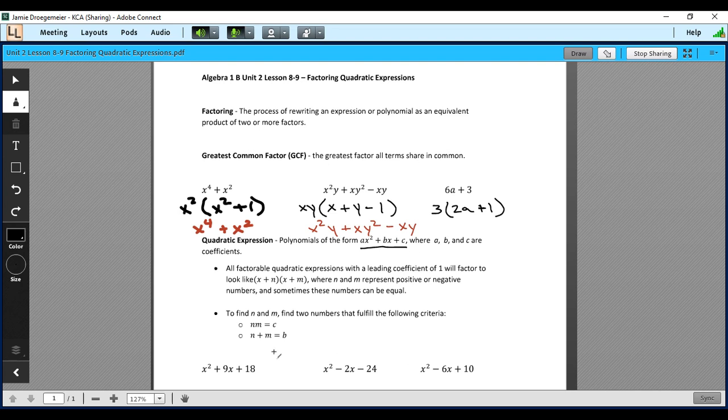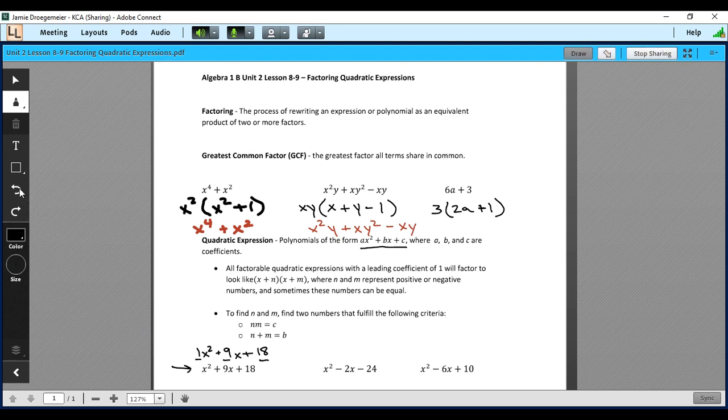You can see an example of a quadratic expression down here at the bottom, x squared plus 9x plus 18. So that's 1x squared plus 9x plus 18. The coefficients, 1, 9, and 18, are represented by the a, b, and c in that general form.